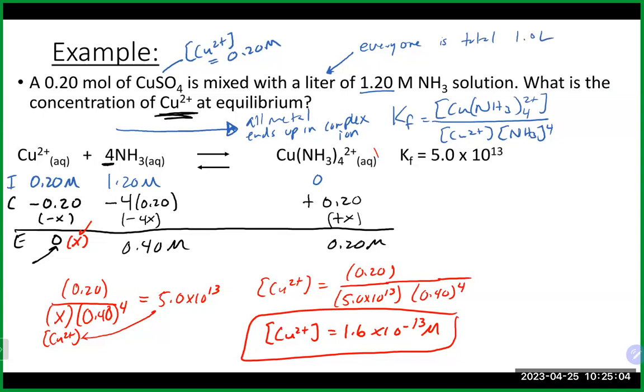So this does validate our assumption of pretty much it all went into the complex ion, and we still have just a smidge of it that will still be free, but it is definitely a very, very small amount. If you did this and you calculated the copper concentration, it was a really large number, something went wrong because it should be a really small number. You know? Any questions on that there?